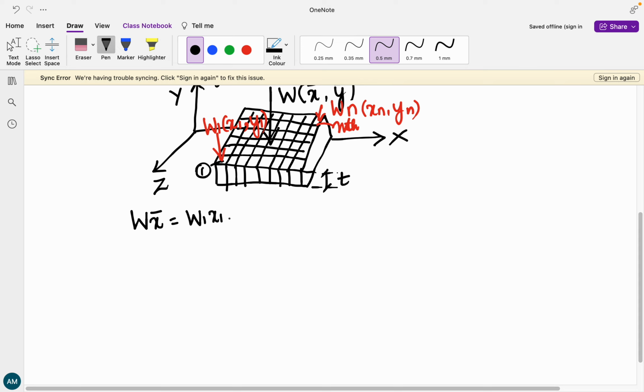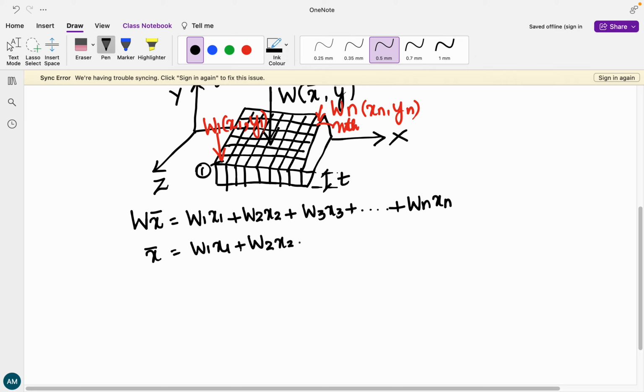So it is W1 x1 plus W2 x2 plus W3 x3, so on till the last point, Wn xn. Or I can write x bar is equal to W1 x1 plus W2 x2 plus W3 x3, so on till Wn xn, entirely divided by the total weight W.